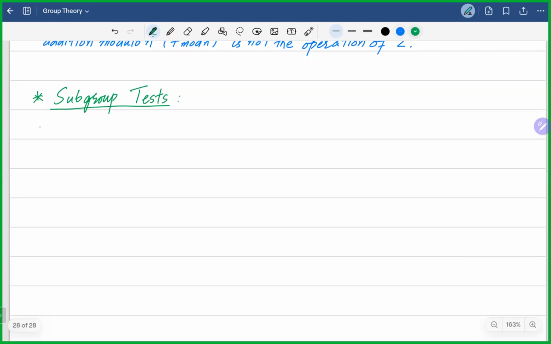So our first theorem is going to be Theorem 3.1, which is about the one step subgroup test.